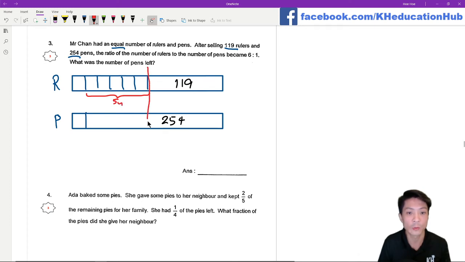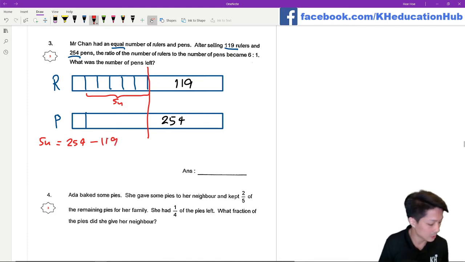It's gonna be equal to 254 minus 119. So once you realize this, then you can do 5 units is equals to 254 minus 119. Okay, so 254 minus 119 will give me 135.